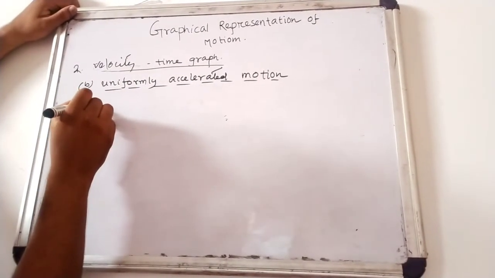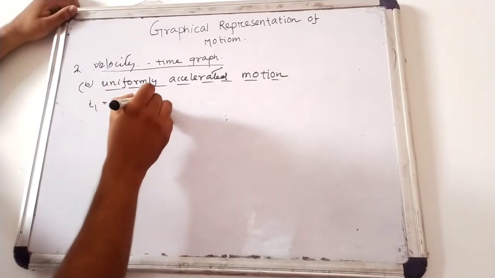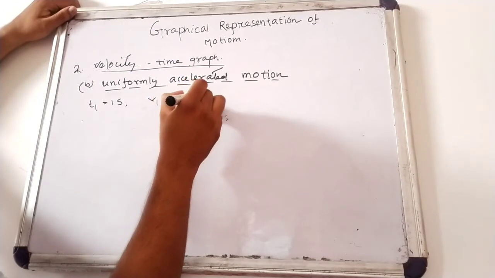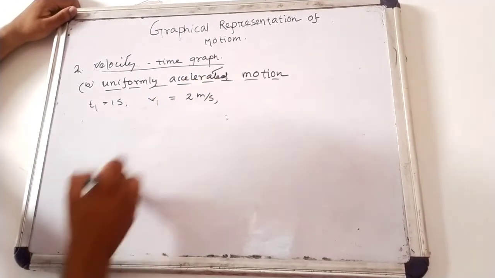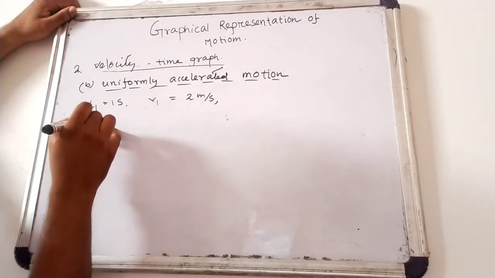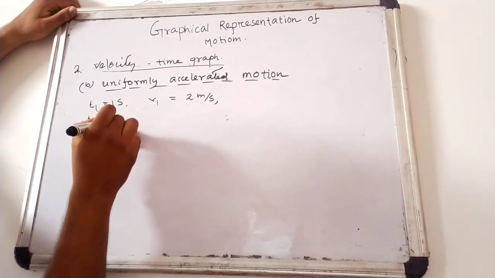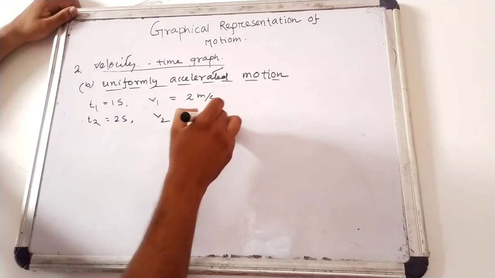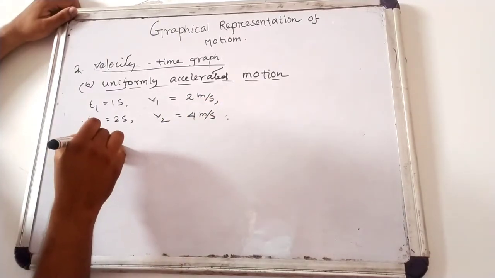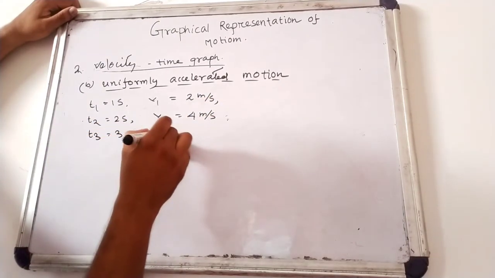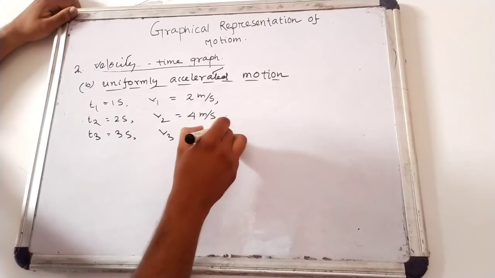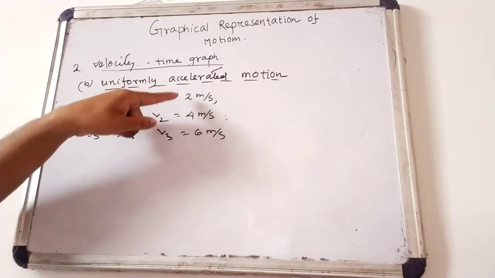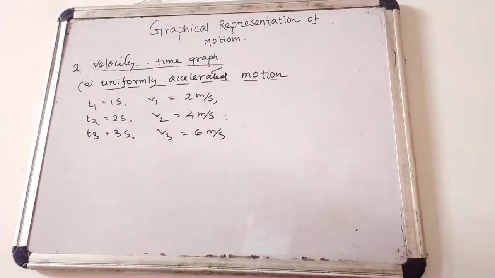So suppose at t1 equals to 1 second, its velocity is equal to 2 meter per second. At t2 equals to 2 second, velocity equals to 4 meter per second, and at t3 equals to 3 second, its velocity is 6 meter per second. So in every 1 second, velocity increases by 2 meter per second.